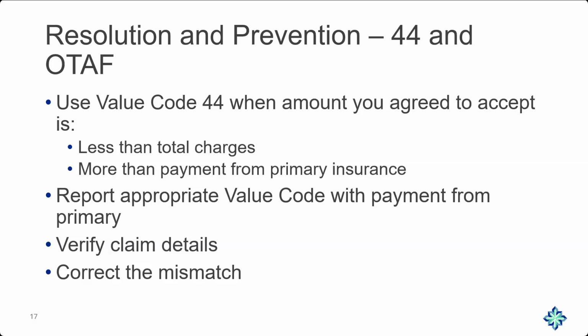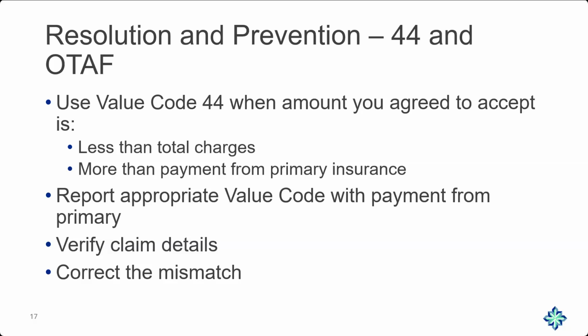When billing the value code 44, you're also going to report the appropriate value code with the amount that you received from the primary insurance company. Those different value codes are specific for the types of insurance. 12 for working aged, 13 for end-stage renal disease, 43 for disability, and so on.